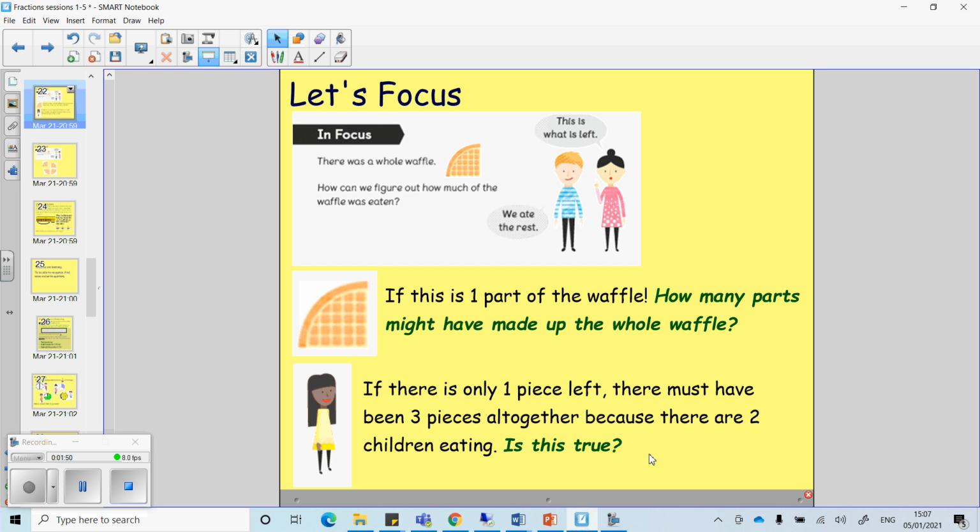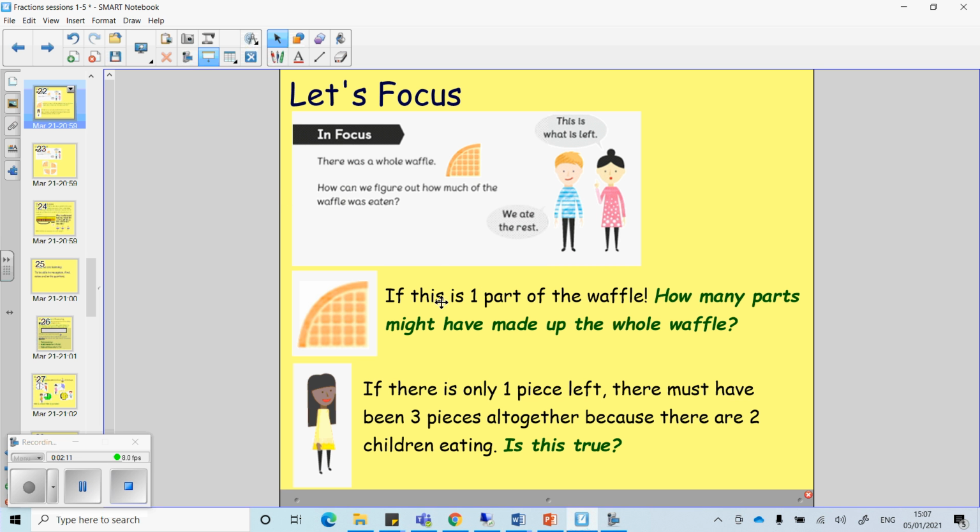I don't think there were just 3 pieces making up the whole waffle. I can see that there are 2 children in the picture, but they don't tell us how many pieces they ate. They just say, we ate the rest.